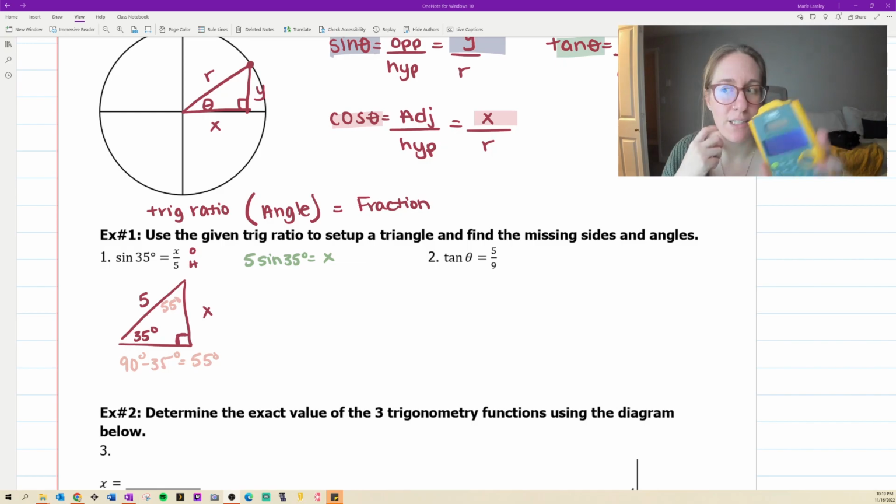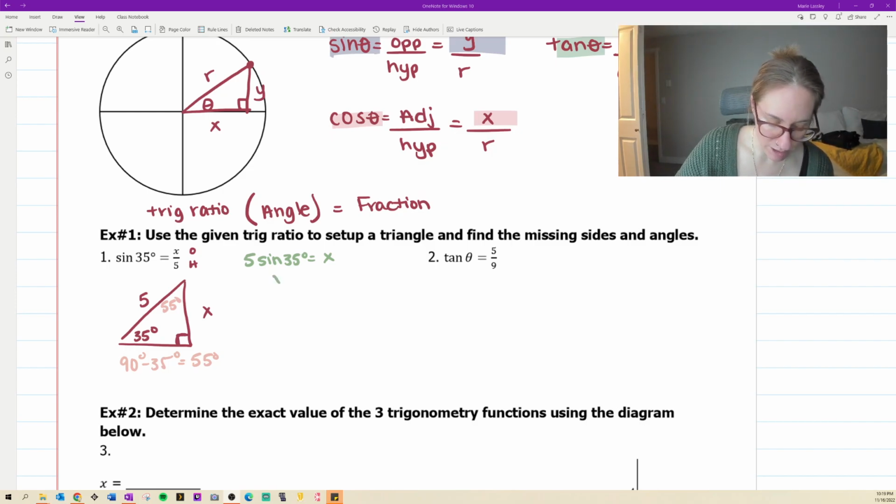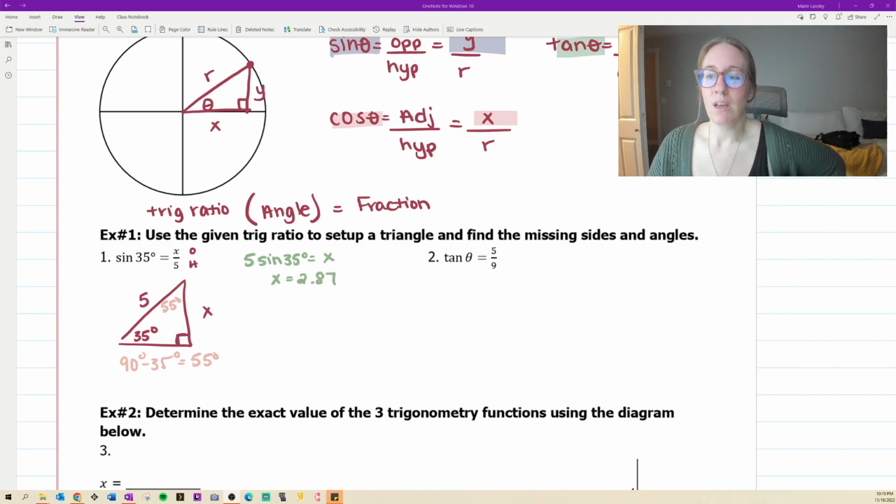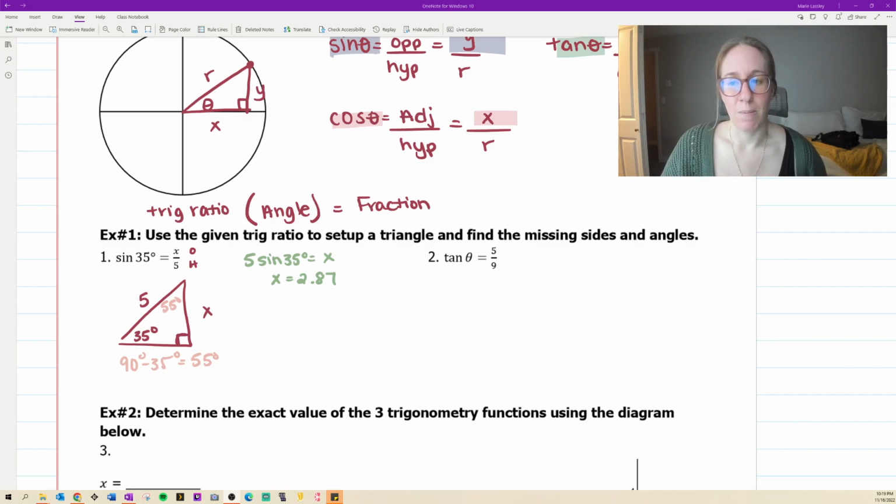If you're on the TIs, it's going to be the third line down. You want to make sure that degree is highlighted. I am in the right mode, so I ended up with an x value of 2.87. I would say it's pretty safe to round to 2 decimal places for finding side lengths, unless otherwise specified.